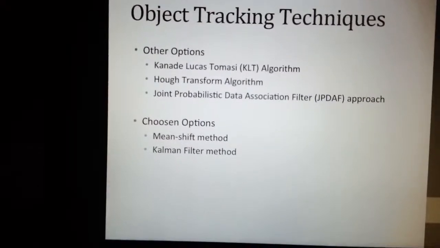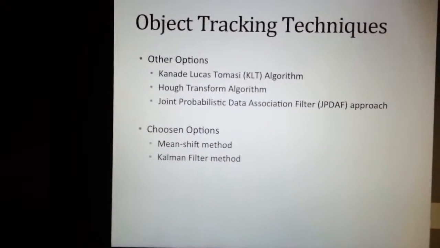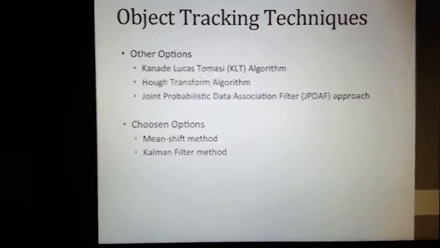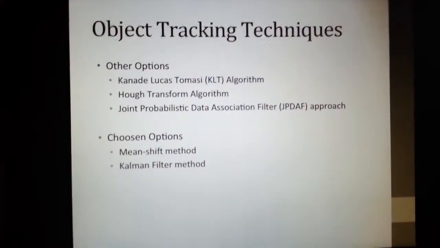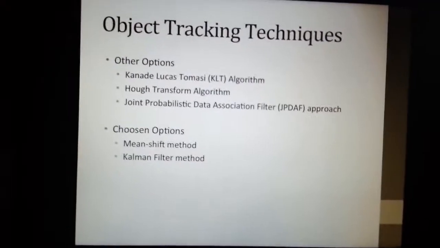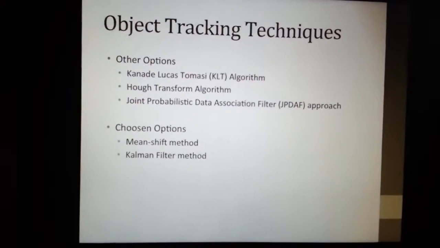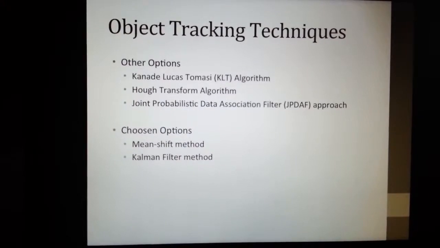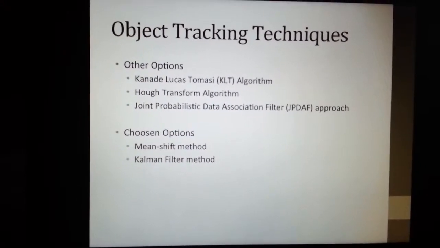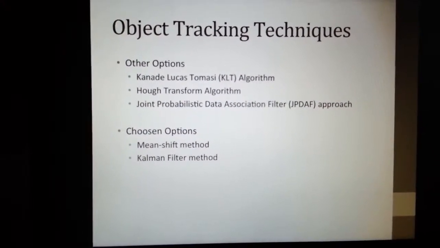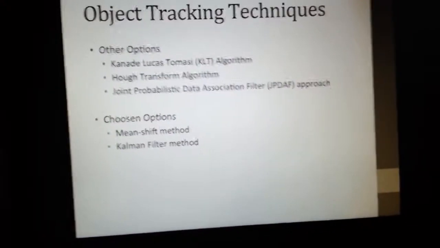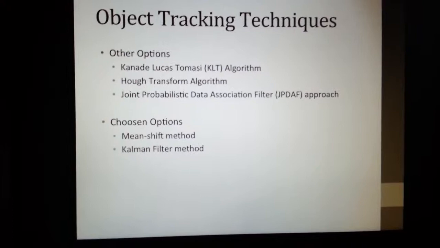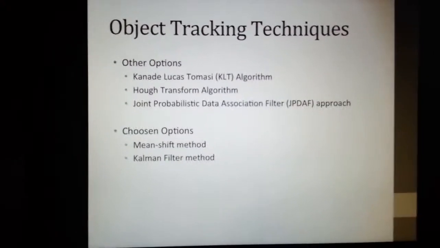For this project, though, I'll be doing my experiments with only two methods, and these methods include mean shift and Kalman filters. The mean shift method is a non-parametric feature space procedure used for cluster analysis in most image processing techniques. Object tracking using this method is a two-part process consisting of the production of candidates and their assessment.